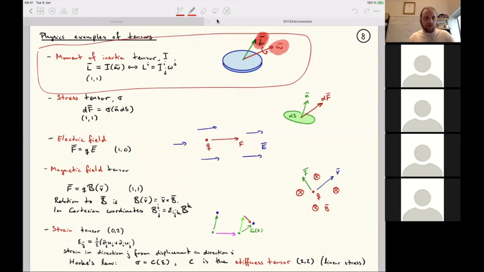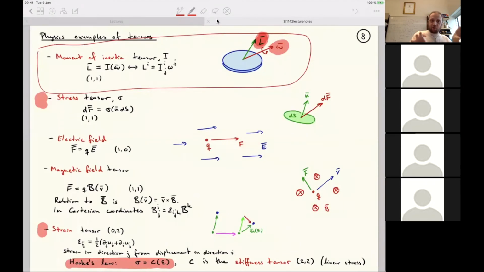And if you want to go to higher order tensors, like a second rank tensor, for example, you can look at the strain tensor in strength of materials, which is a rank 2 tensor that describes how a material is deformed. And if you consider the more general relationship between the strain, how a material is deformed, and the stress, which is the internal forces in that material, that's Hooke's law, which you might have seen the one-dimensional version of, that in a linear way relates the strain to the stress.